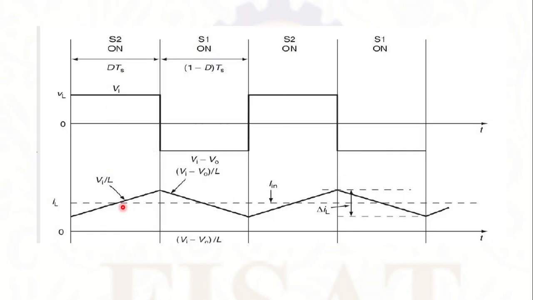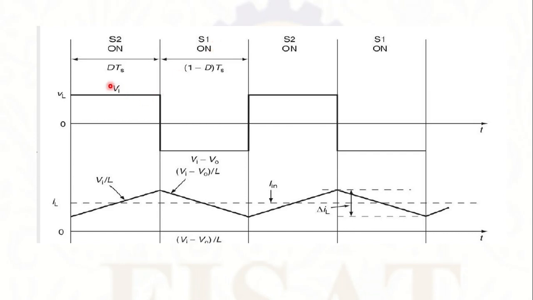This waveform shows the inductor voltage and inductor current, with the D into Ts and 1 minus D into Ts times represented here. During D into Ts, S2 is on. Similarly, during 1 minus D into Ts, S1 is on.